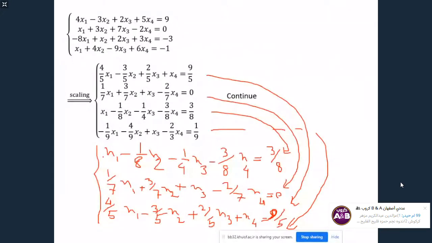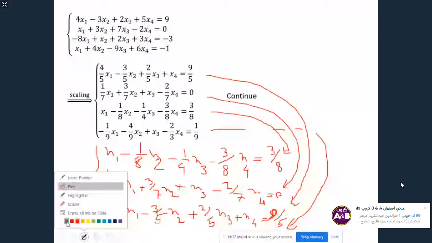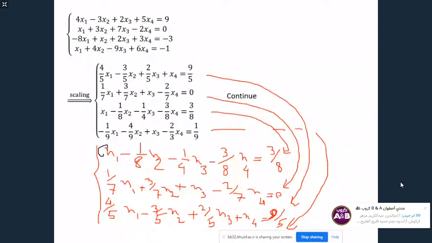Now we use this coefficient, I mean 1, in the first row and change this one, 1 divided by 7, this one, 4 divided by 5, and minus 1 divided by 9, to 0.